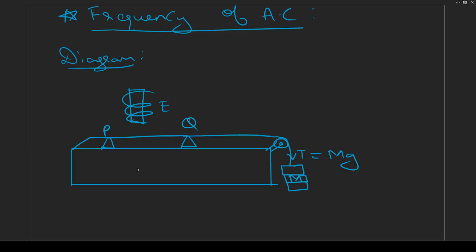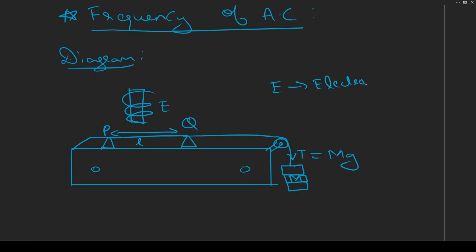P and Q denote the wedges. L is the resonating length. E is an electromagnet.